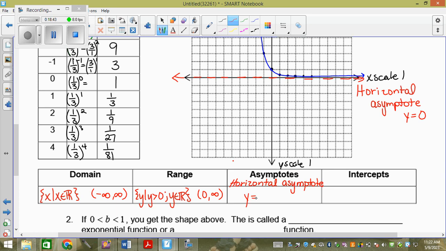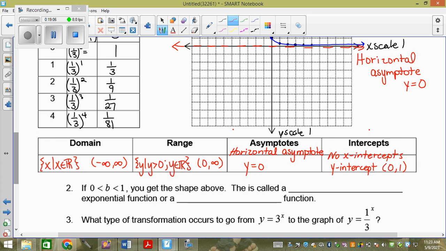It's at y equals 0. No x-intercept. So did it change any of this table? No, you're right. And I'm sure you can't think due to the incessant noise that's going through the room. So when b was greater than 1, we got an increasing function, correct?